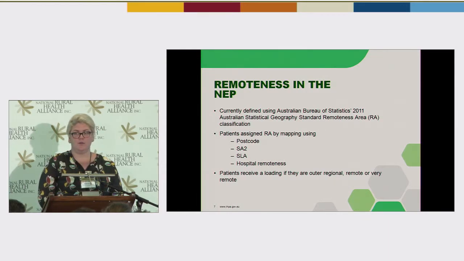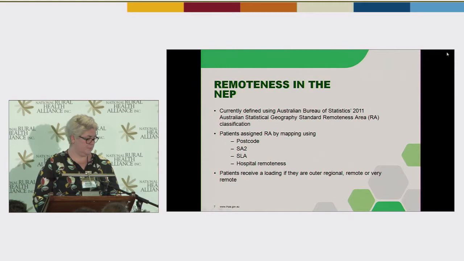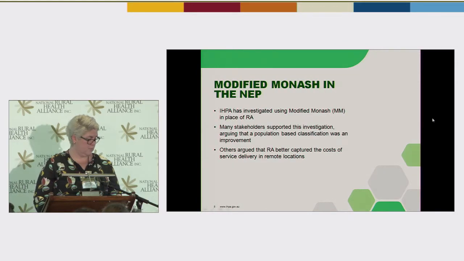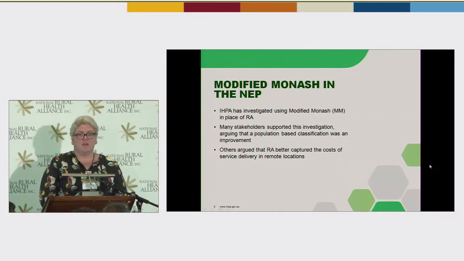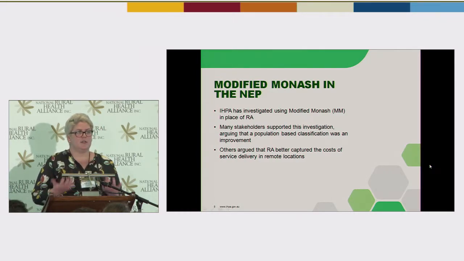Currently in the model, as it has been for the past few years, patients receive a loading if they are in an outer regional, remote or very remote area. So where does Modified Monash come in? Well, IHPA is a very consultative organisation.